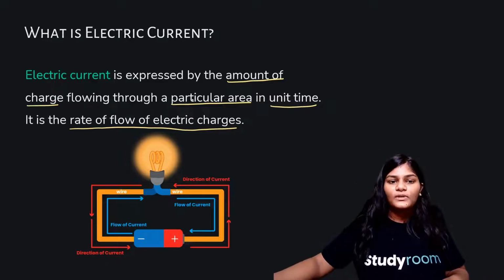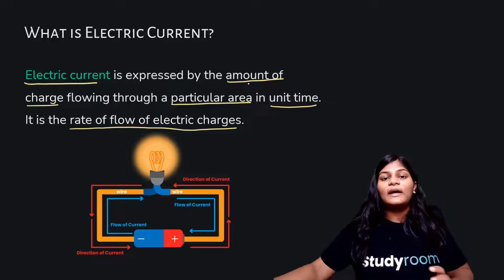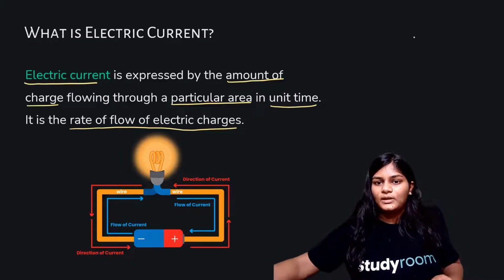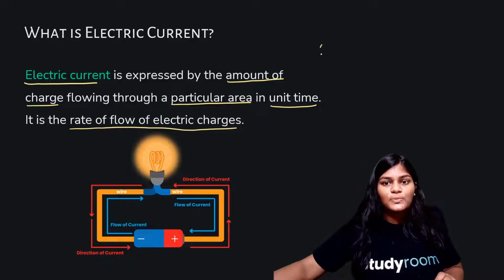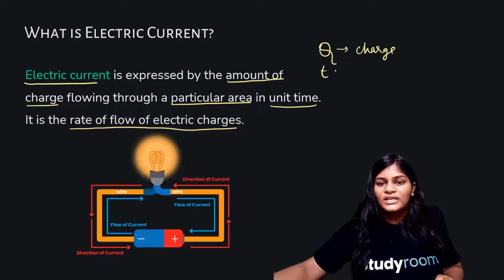Okay. So now what is electric current defined as? We define electric current by the amount of charge. Like if I say, we define charge by the symbol Q. Capital Q is for charge. Small t is for time.